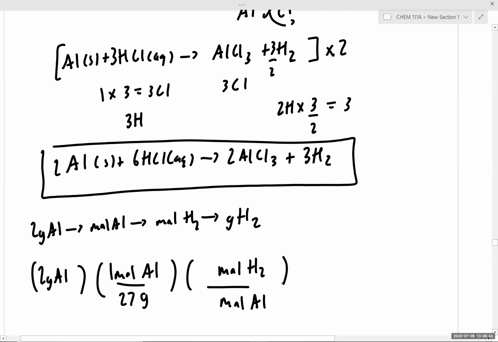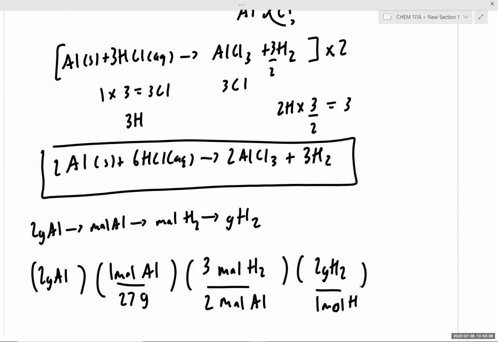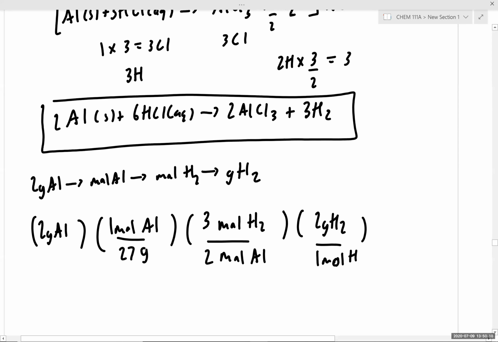Three to two. Yep, exactly right, 3 to 2. And then we know that we have 2 grams of hydrogen per 1 mole of hydrogen. Now, punching this into our calculator, we have 2 over 27 times 3 over 2 times 2. And that in turn gives us 0.22 grams of hydrogen.